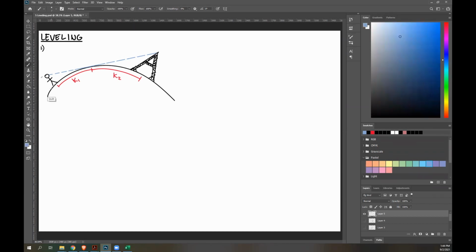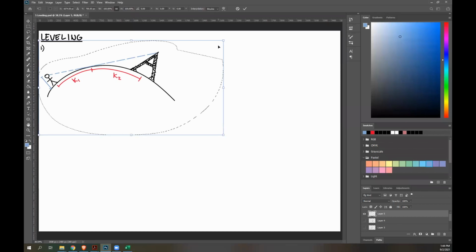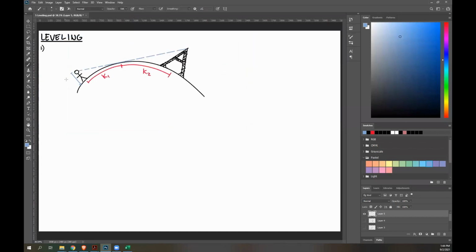So once again, let's call that HCR1. Same thing here, this tower, HCR2. Now the goal here is to look for K1 and K2. HCR1 is given.